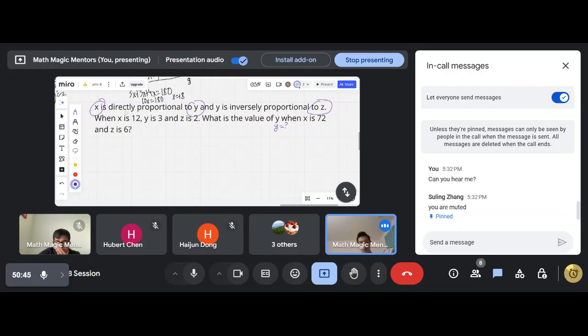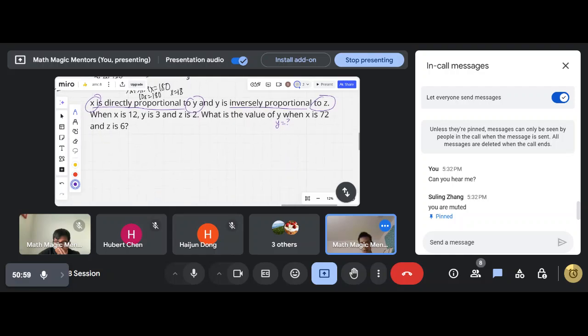Note the general structure of these direct and inverse proportion problems. We're given some general statement, such as directly proportional or inversely proportional. Occasionally you see joint proportionality, but usually not too often. The first statement usually just gives you some sort of relation with words, and then it gives you some sort of situation. As I called it in earlier problems, we can just call it situation number one. This is where all of the values are given to you.